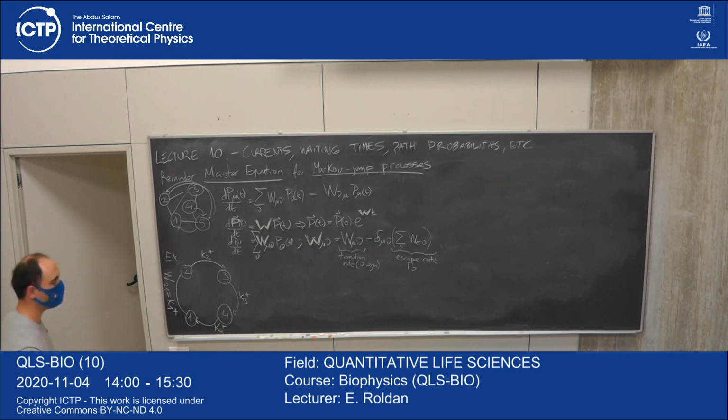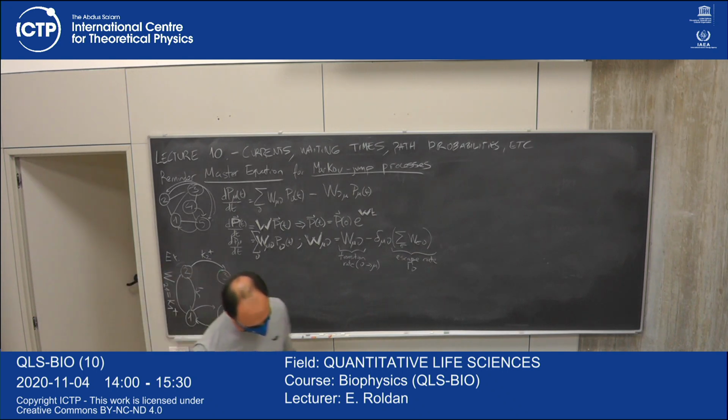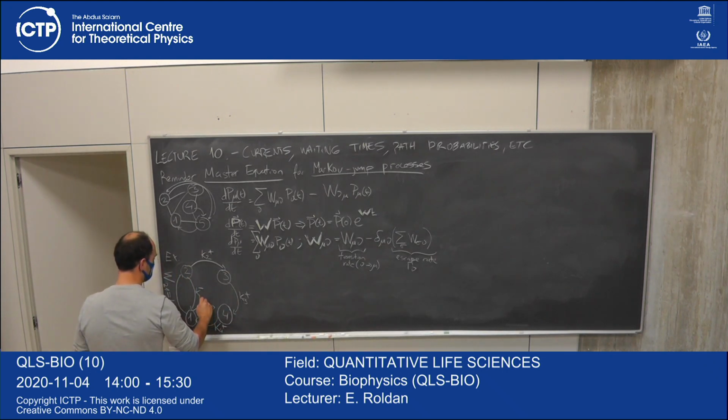Okay, these are the clockwise transition rates, and now I will define the counterclockwise. This will be K1 minus. Give me a second because I have to check my notation. Yes. This is K4 minus, this is K3 minus, and this is K2 minus.